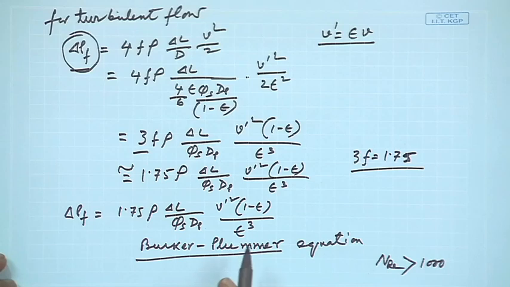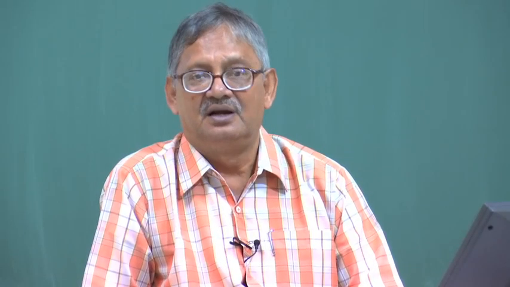So, in one case we have seen that we can predict delta P for flow through packed bed when NRE is less than 10, and in another case for turbulent flow when NRE is greater than 1000. Then the question automatically comes, what about if NRE is between 10 and 1000, is it not?